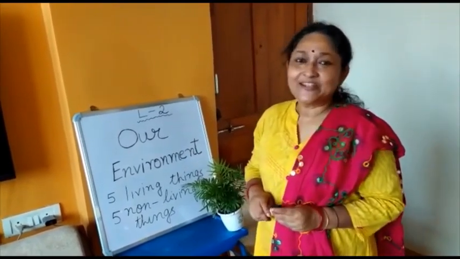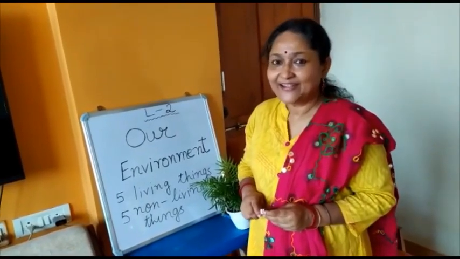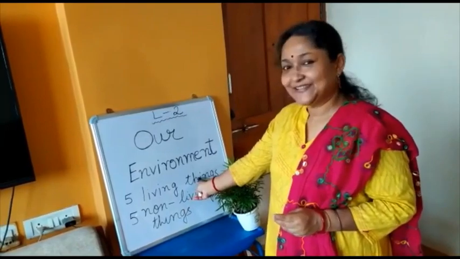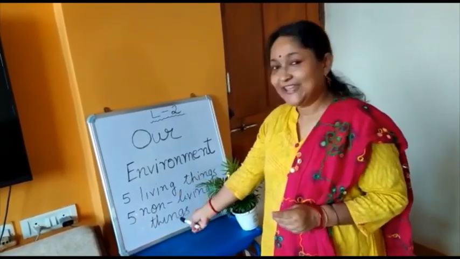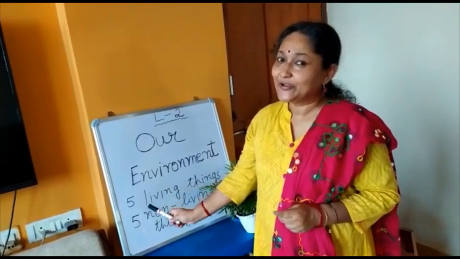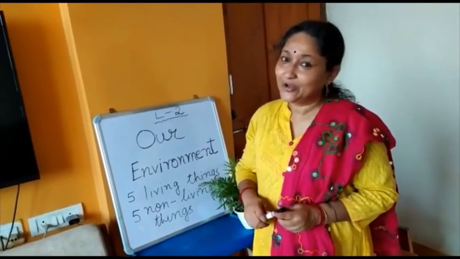Now, what you will do: observe your surroundings and list out 5 living things and 5 non-living things. Write the names of 5 living things in your notebook, and 5 non-living things in your notebook.